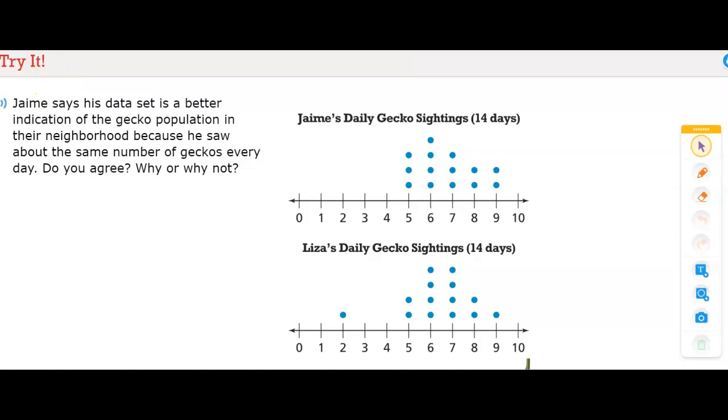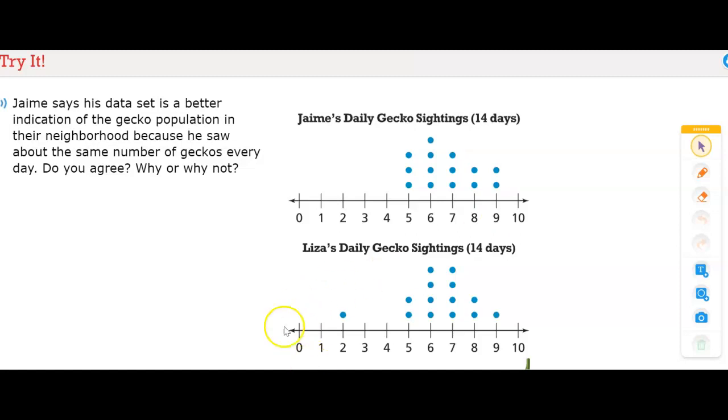I would say yes, I agree, because outliers are like that one time something different than the usual happens, right? So something that is consistent, like Jaime's data, where he's seeing about the same number of geckos each day over that time period, would be a better indication of that population.